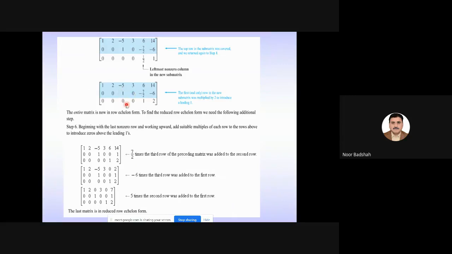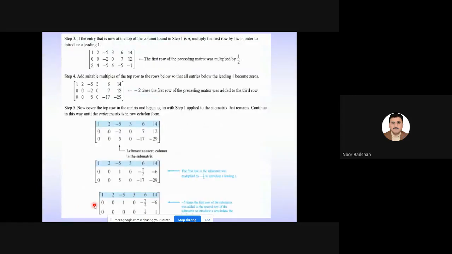Oh, it's not still reduced echelon form because we need to make these two 0 as well. So at the end, this is the reduced echelon form. Okay, you should practice it yourself, right? If you don't practice, I will be making a lot of mistakes.